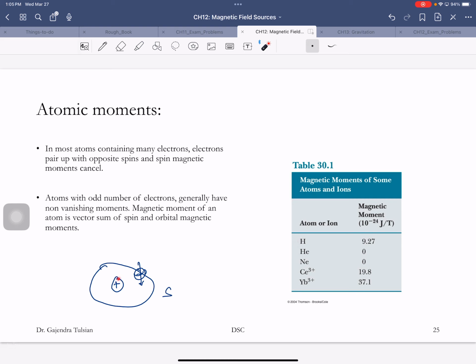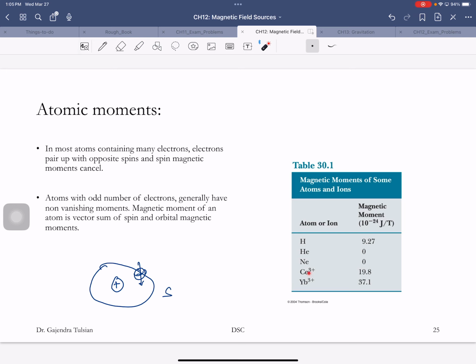Well, the proton is also spinning, and the proton is acting like a magnet as well, just like the electron, except that the strength of this moment is about 1,000 times less than that. So you can ignore this moment. So the moment of the hydrogen atom is just that of the spinning electron. And this gives you various magnetic moments of various ions.